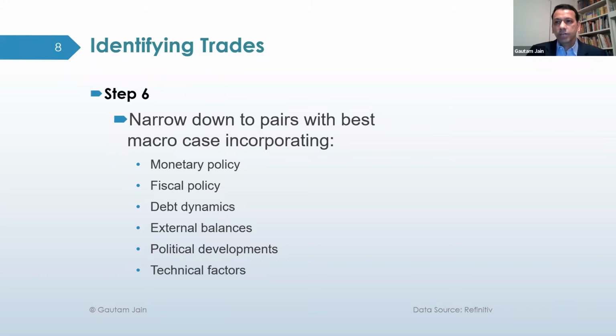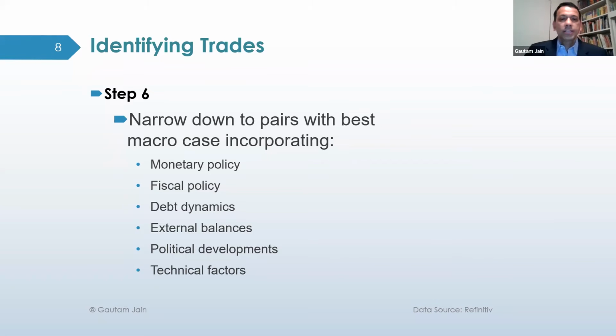So in order to develop a macro view, I would look at the monetary policy in the country, the fiscal policy, debt dynamics, external balances, and political developments. If there are elections in the country, that could have a factor. Also, technical factors are important. So I look at a wide array of factors that can be influencing an asset in a country.